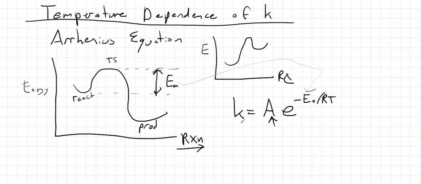So the question is, how general is this equation? Well, it turns out if you look at many reactions, they follow the Arrhenius equation quite nicely. But also if you look at fireflies, which we don't have here in San Luis Obispo, but I'm sure you've seen them in movies, if you look at the number of flashes per minute, we can actually model that rate using the Arrhenius equation.